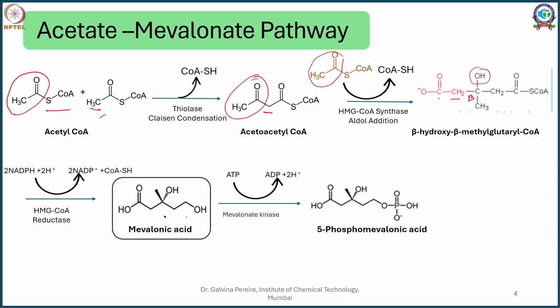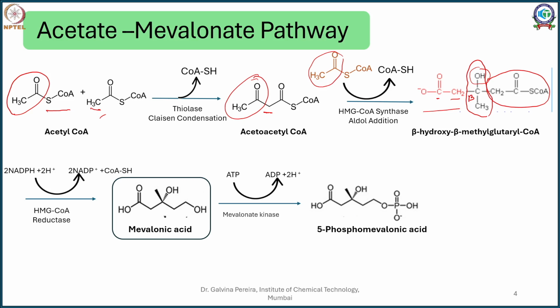So this is the CH3, this is the C part. So it gets added, and what we have is now C2 plus C2 plus C2, that is we have 6 carbons. So this is my first acetyl-CoA, this is my second acetyl-CoA, and this is my third acetyl-CoA, which are condensed together to form beta hydroxy beta methyl glutaryl CoA.